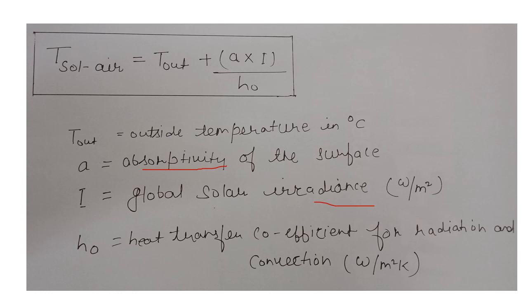HO is the heat transfer coefficient for radiation and convection, in watt per square meter Kelvin. We take HO equally for radiation and convection, and then this formula calculates the total solar air temperature from the exterior surface to the interior surface of that particular wall and building.